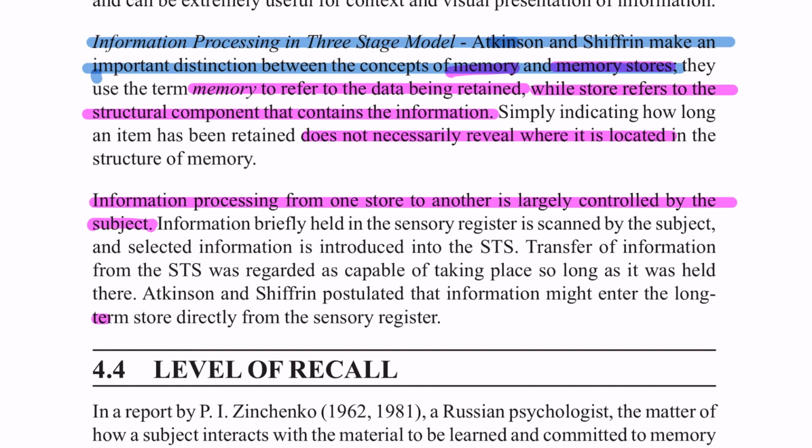So the individual decides what is important for them, depending on their experiences and learning, which information will go into short term memory, and which information we have to repeat and rehearse so that it can go to long term memory. So it is basically done by the subject, right?